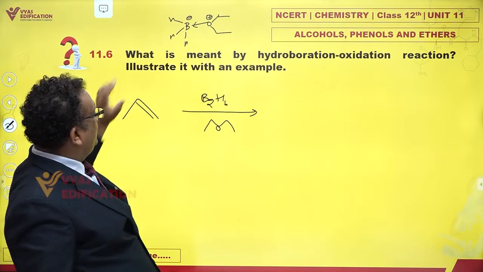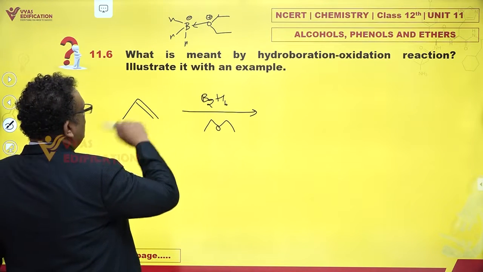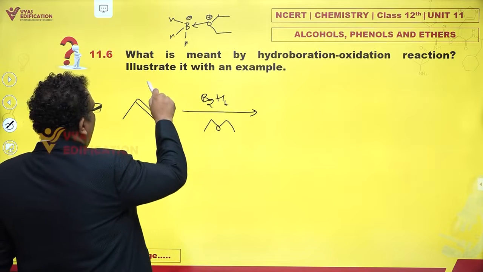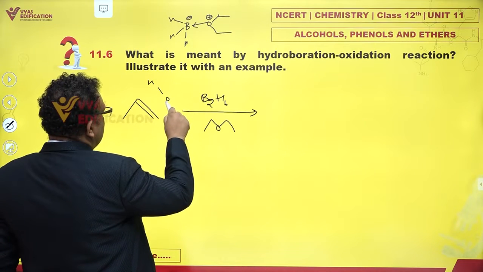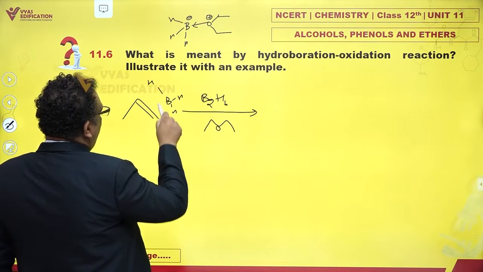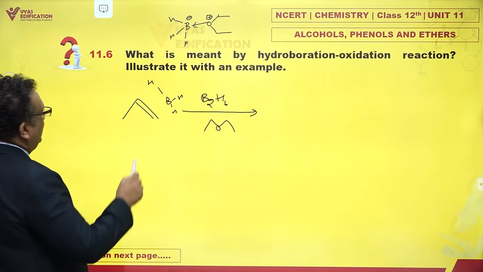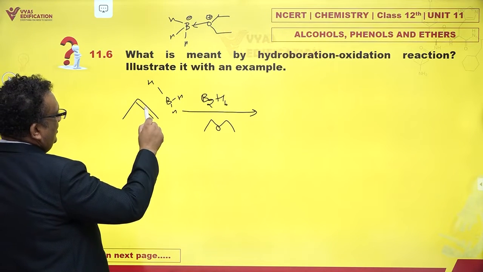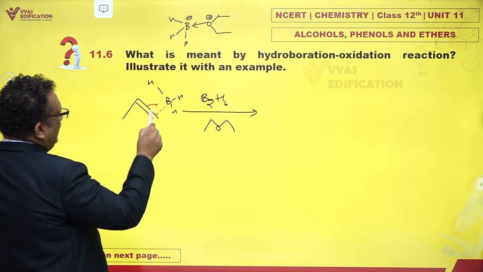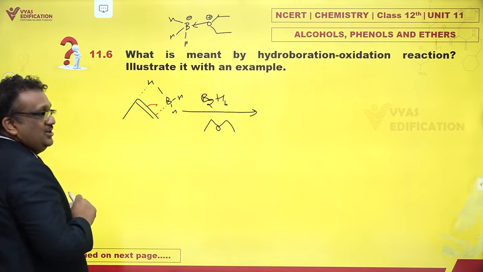And as this BH3 group comes close, oh my God, this is very exciting. As this BH3 group comes close, what happens is something miraculous. You find that this gets attached here and this gets attached here.